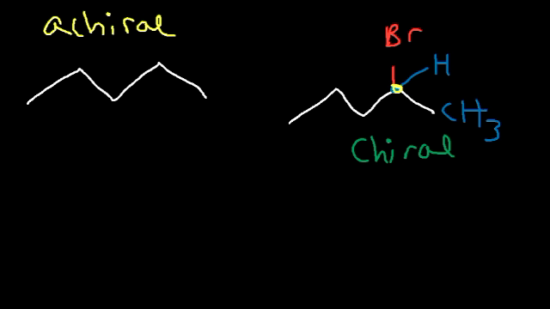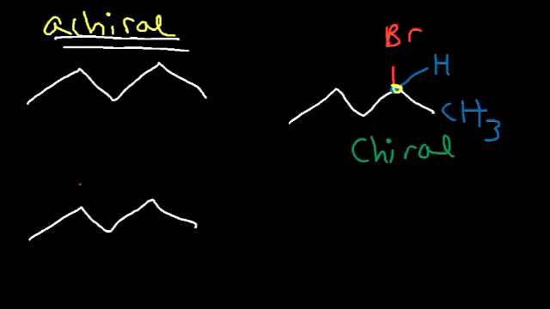If it doesn't have any chiral centers, then the entire molecule is achiral. But now what about this example? Let's say there are 2 bromine atoms. Here we have a chiral center because that carbon has 4 different groups, and the same is true for this one. So we have 2 chiral centers, 2 chiral carbons. But what about the molecule as a whole? Is it chiral or achiral? Notice that we have a line of symmetry.